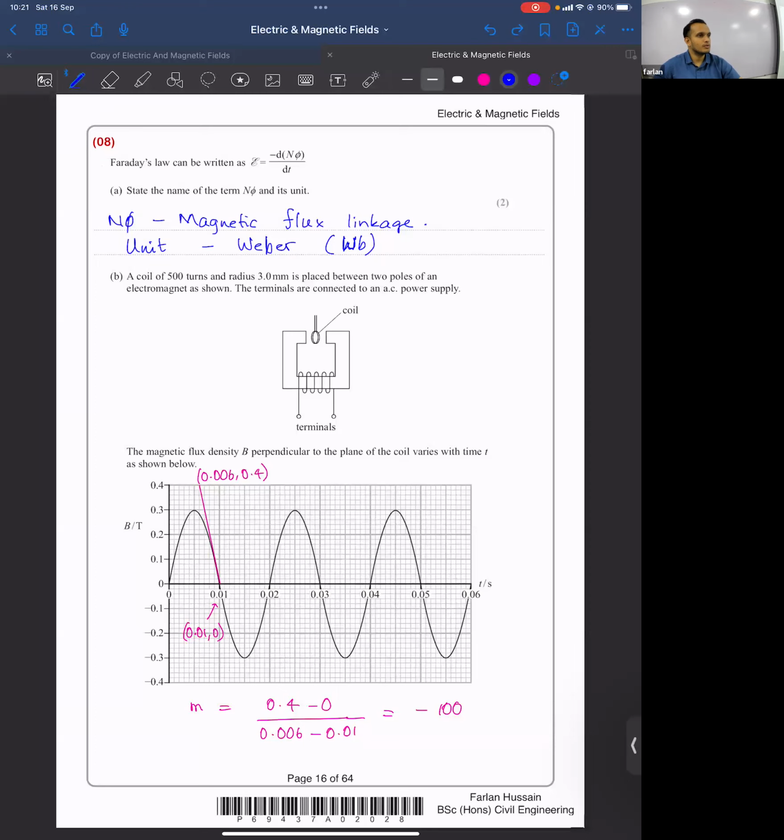Draw a tangent at the point 0.042 seconds, find the gradient of that, and use that as dB over dt. So if they ask you to find the EMF induced at a particular point, just draw the tangent at that point, use it as dB by dt, use the equation and find the EMF induced. Okay.